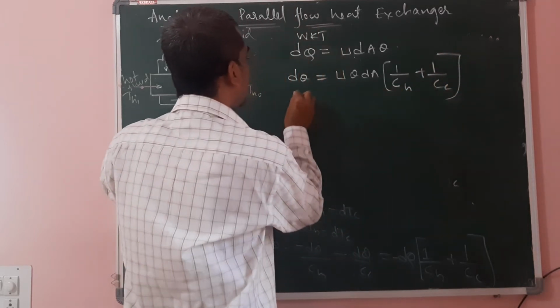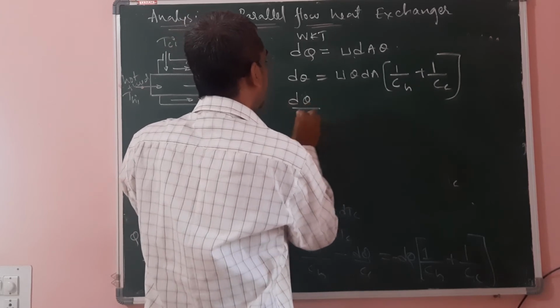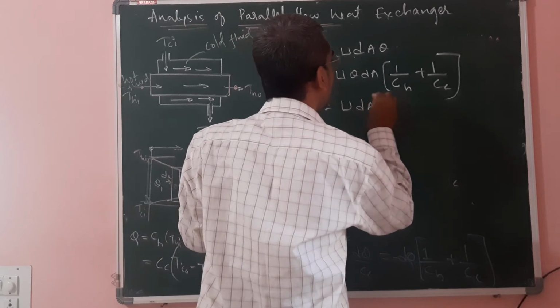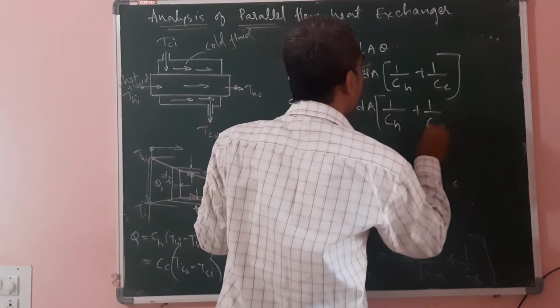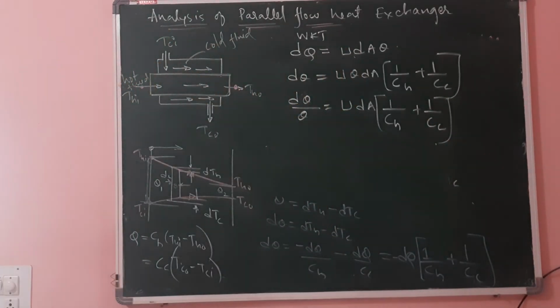Therefore, d theta divided by theta is equal to U dA into 1 divided by ch plus 1 divided by cc. This is the heat transfer for the small elemental area.